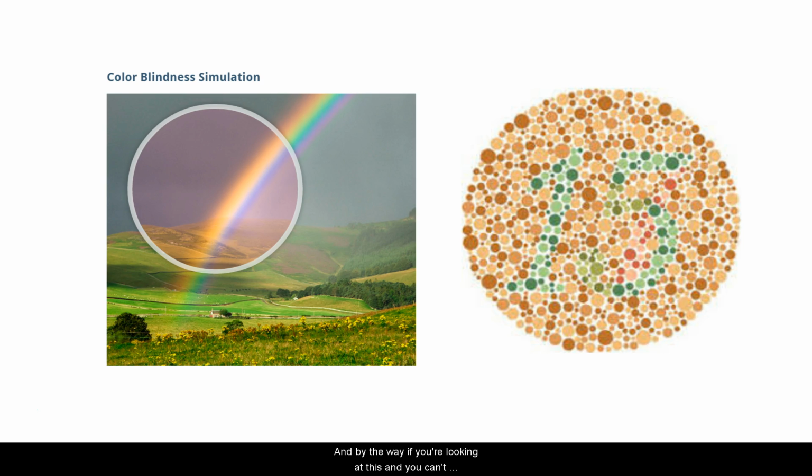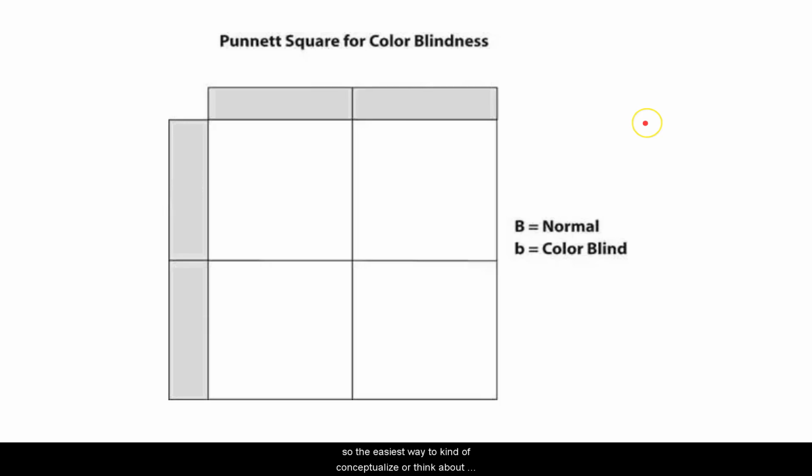By the way, if you're looking at this and you can't see that there is a 15 right here, you may be colorblind. The easiest way to conceptualize this is to use a Punnett square like we've done in lab a few times. We'll start with mom, and you can see here she is a carrier.